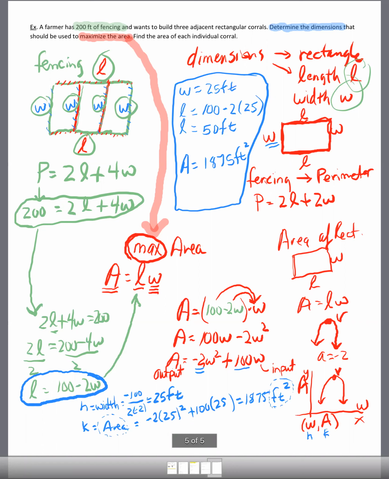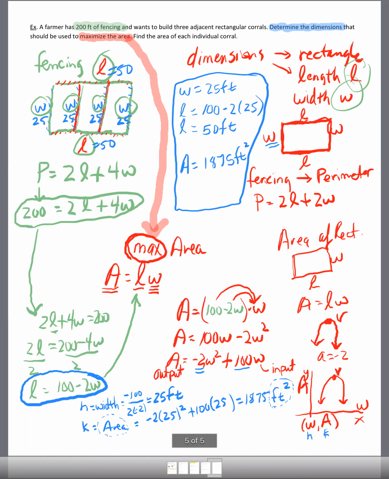One way to check our work here, we could go to our actual problem, look at the picture, and if we were to allow the L here to be 50, and let each one of the W's be a 25, that gives us 200 feet of fencing.